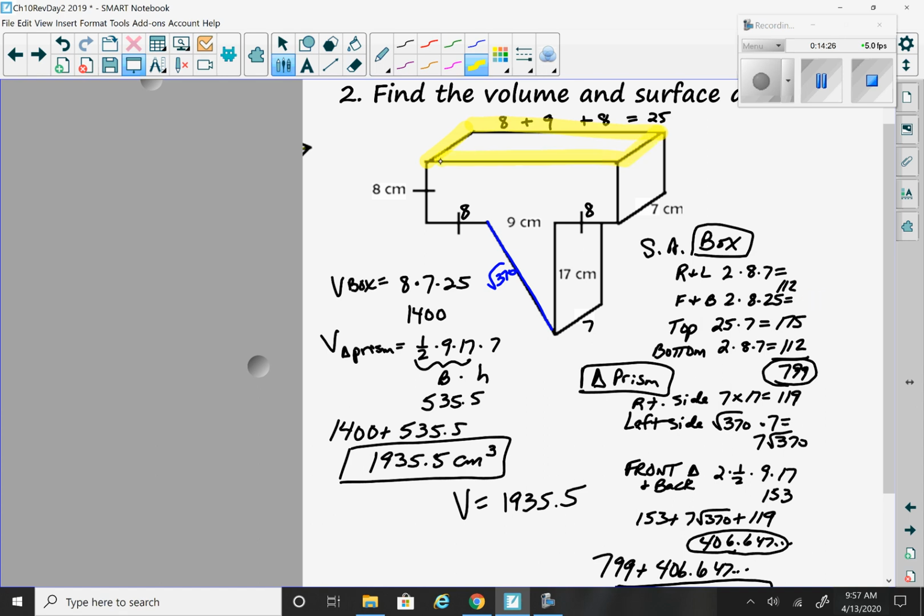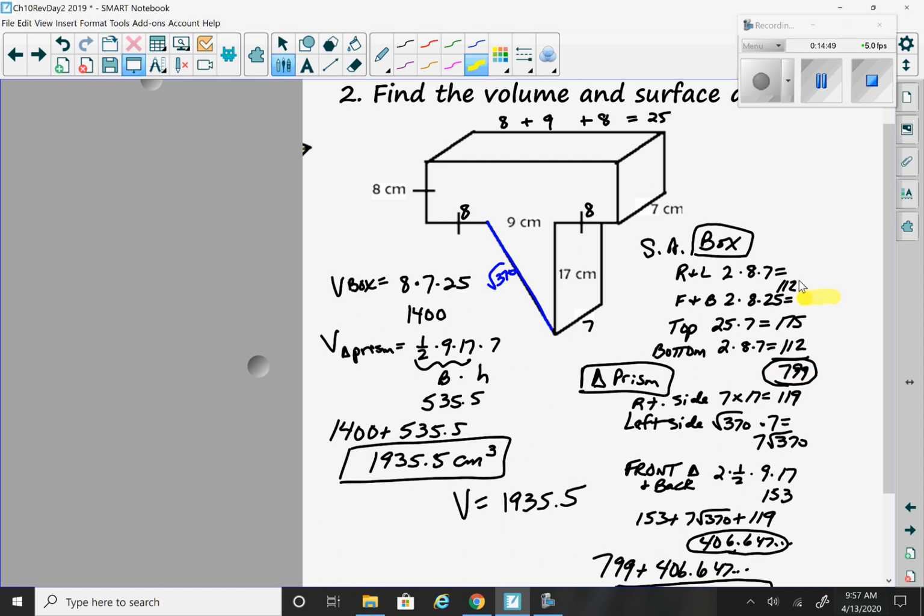So that's the top surface. But on the bottom, because it's hollow in the middle, I just have 2 rectangles here. I have an 8 by 7 rectangle on the left side and an 8 by 7 rectangle on the right side. So those 2 rectangles are on the bottom side of that box. So I have a total surface area there of 799. And again, I apologize, I must have erased that one number.